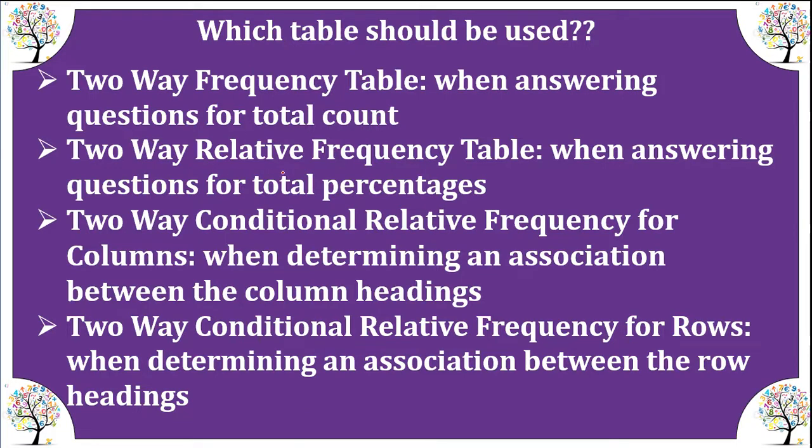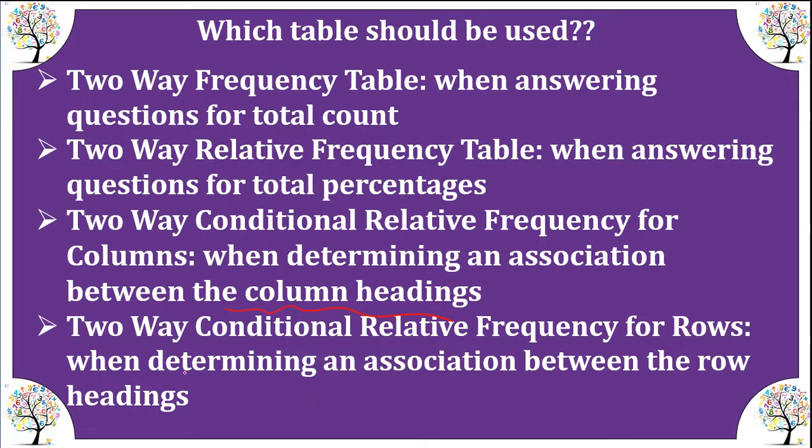A two-way relative frequency table is when you're answering questions for total percentages. If it's very specific and it uses a column heading, then you're going to use the two-way conditional relative frequency for columns. So it will be prepped typically at the beginning of the question, and it will label the column.